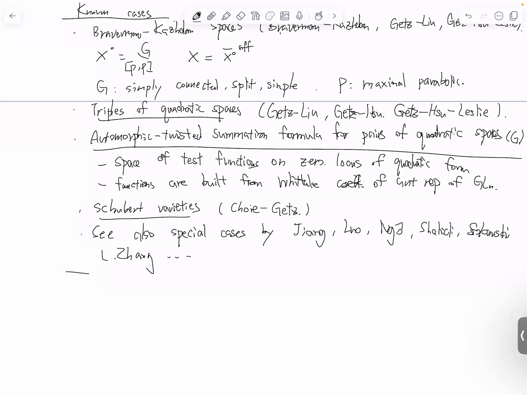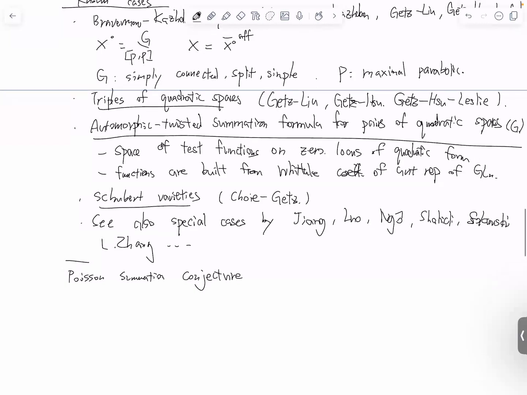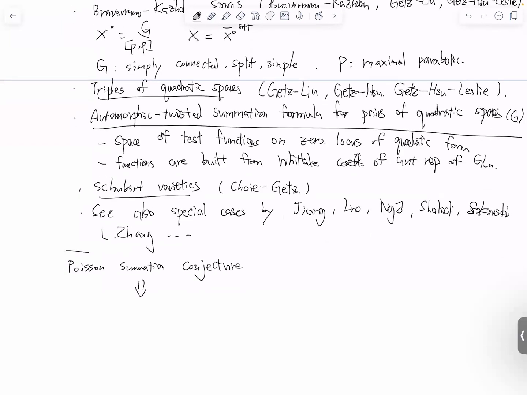So the point of the Poisson summation conjecture is that, similar to the Godement-Jacquet case, this should also imply the functional equation and meromorphic continuation for very general Langlands L-functions.